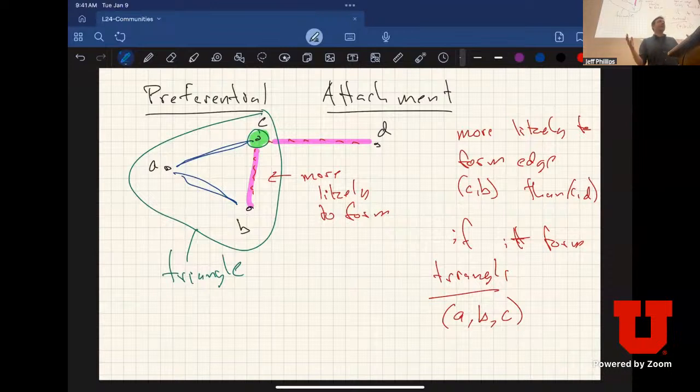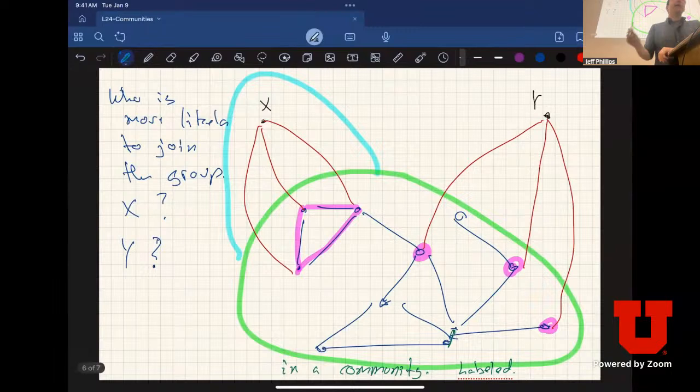Okay, so this gives us a sense of how we would model the randomness in these graphs. So far I told you about this challenge of, if we have a community, how do we think of this growing?